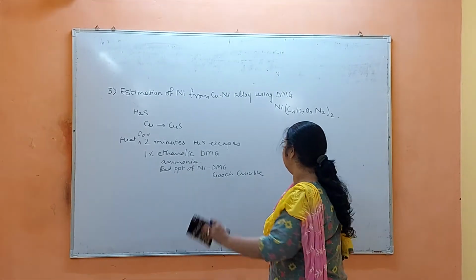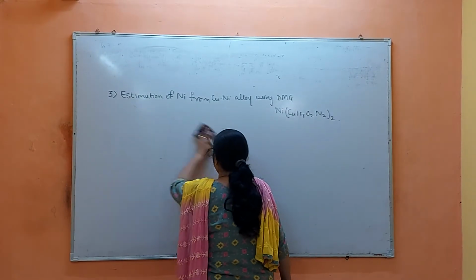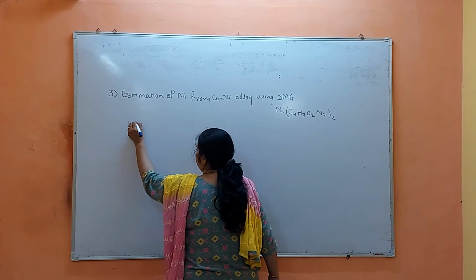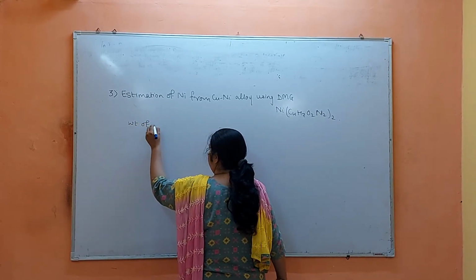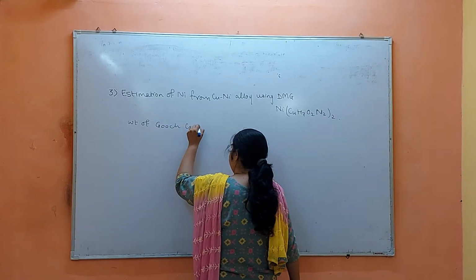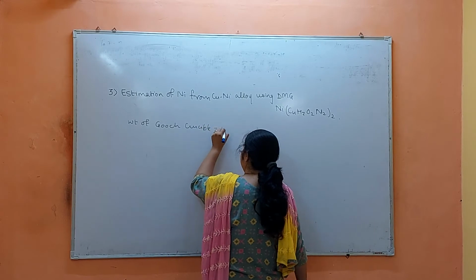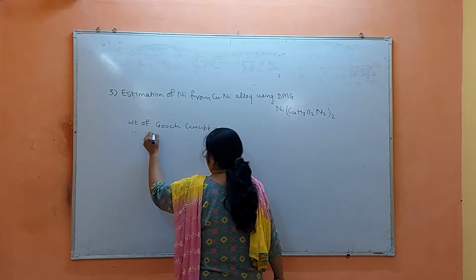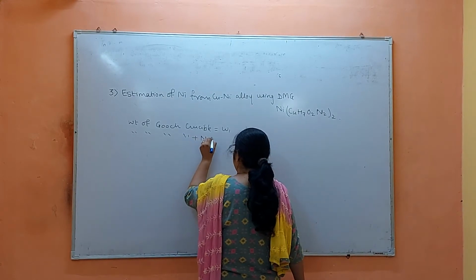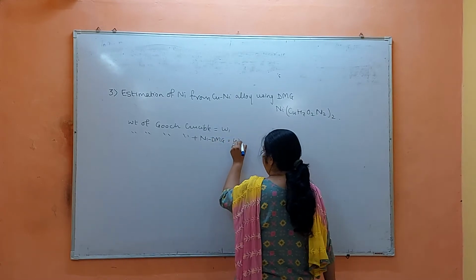Now how can we calculate the weight of nickel? We have the weight of the Gooch crucible as W1, and the weight of the Gooch crucible plus NiDMG as W2.